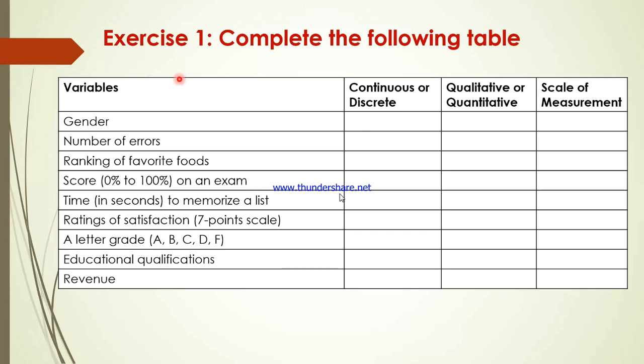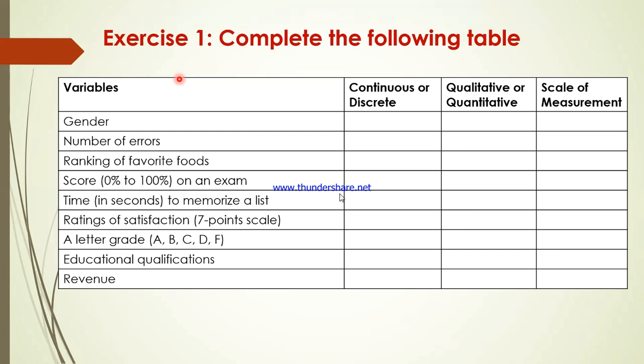Then ratings of satisfaction, on a 7-point scale. It is a Likert scale type. Is it continuous or discrete? The rating of satisfaction goes from very high satisfaction to very low satisfaction on the 7-point scale.